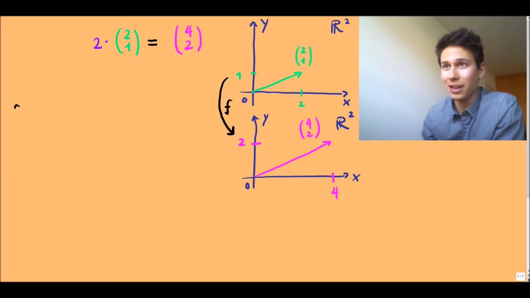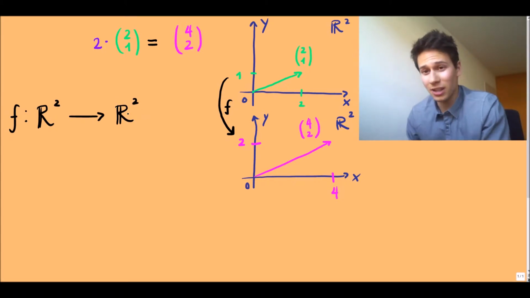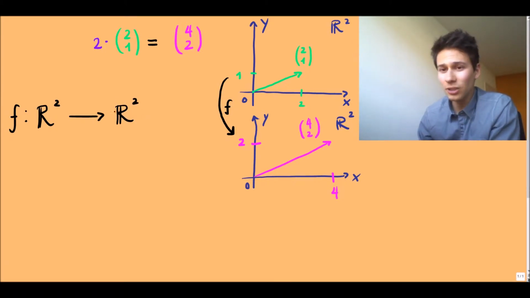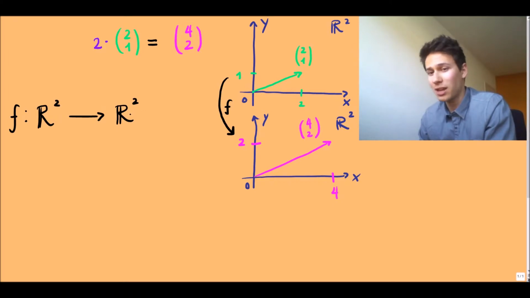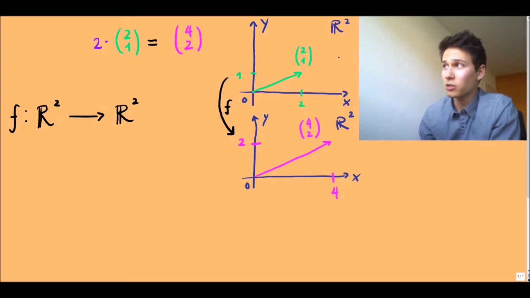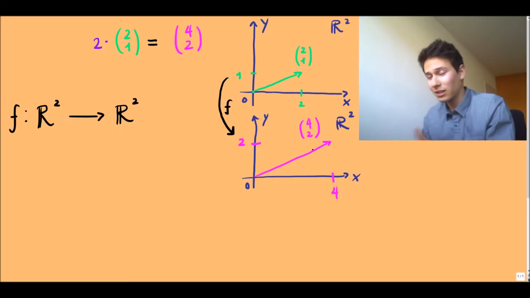So our map f would go from our domain R2, so that's where the argument lives in, to our codomain R2, that's where our resulting vector lives in. Note that these are the same vector space as R2, but still you need to differ between the two spaces, because this upper space is where the argument lives in, so the domain, and this space is the codomain where the resulting vectors live in.